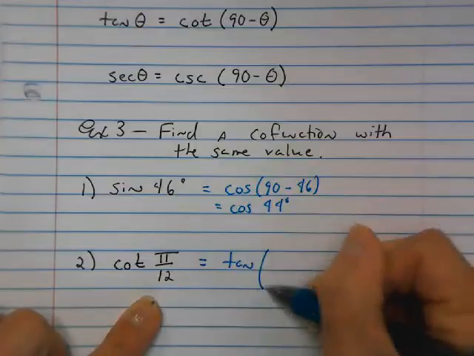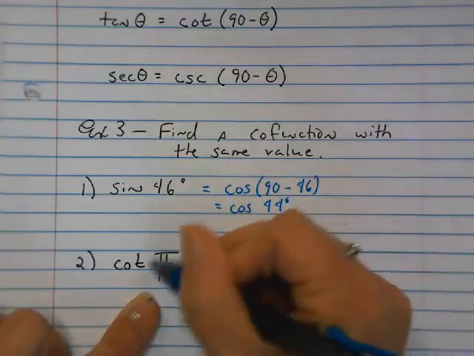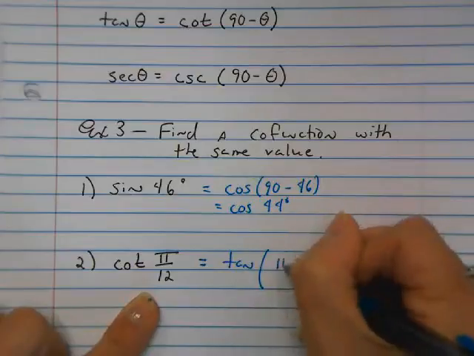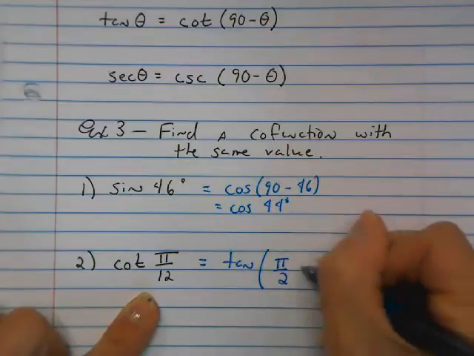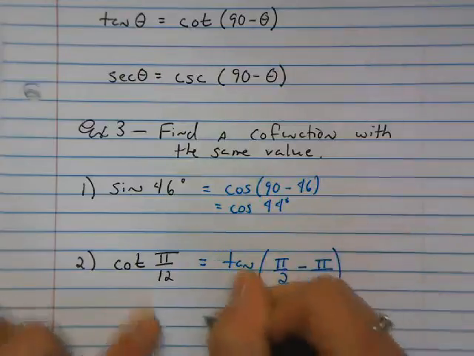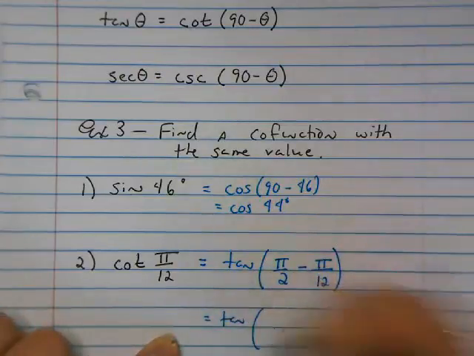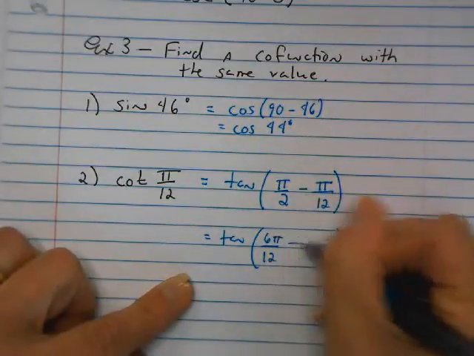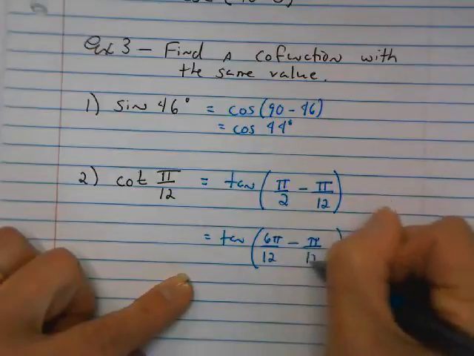Pi over 2 minus pi over 12. Now, again, fractions don't scare me, so I'm going to go ahead and get a common denominator of 12. So I get 6/12 pi minus pi over 12, and it would be the tangent of 5 pi over 12 is the same as the cotangent of pi over 12.